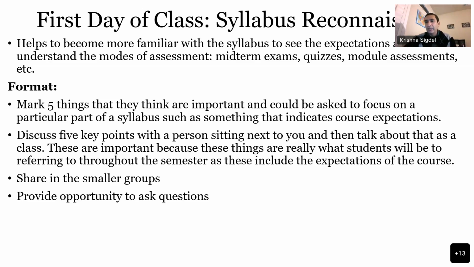What are the course expectations? You can put a star in front of the five things, and then make it a discussion point. Discuss with your neighbor first, and then share with the group. And you can provide the opportunity to ask questions.